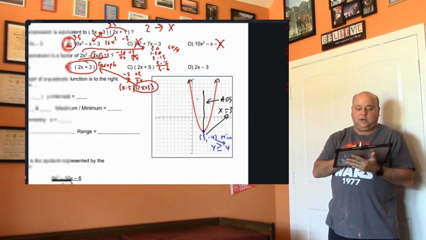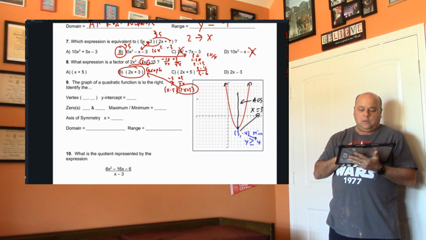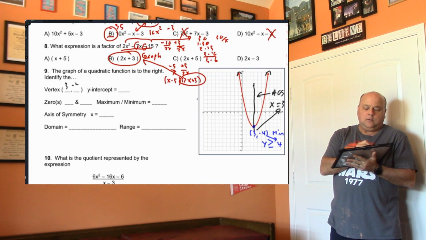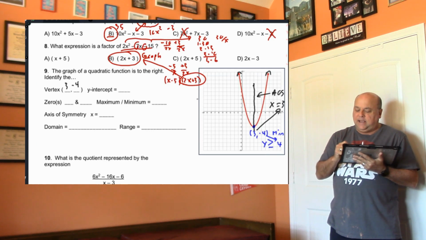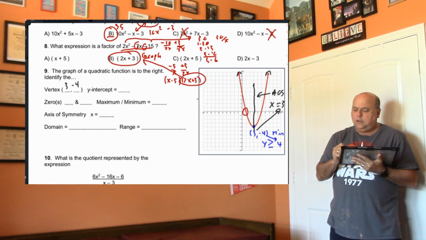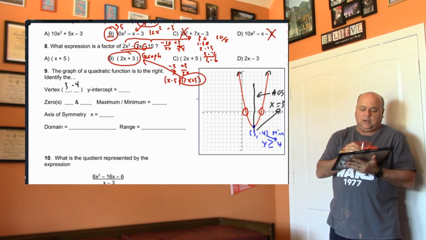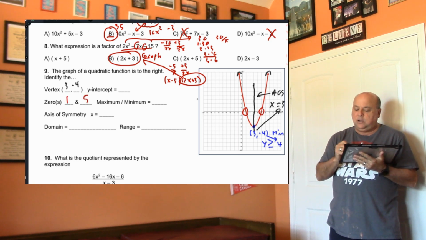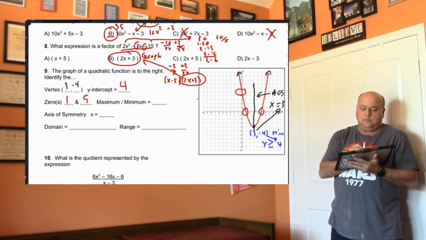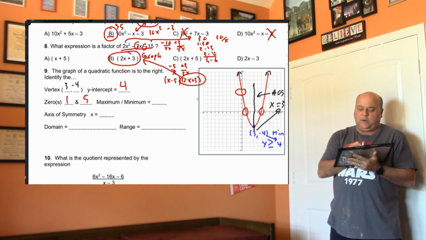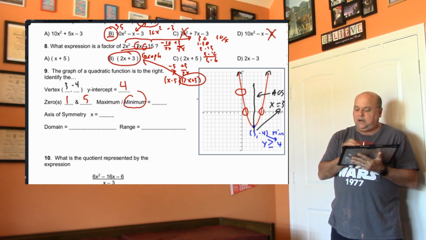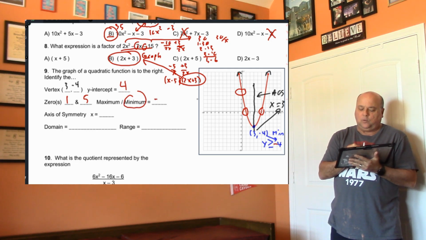So let's go back over here. The vertex was at 3, negative 4. The x-intercepts were at 1 and at 5, so the zeros are 1 and 5. The y-intercept was at 4. We had a minimum, and it was negative 4.